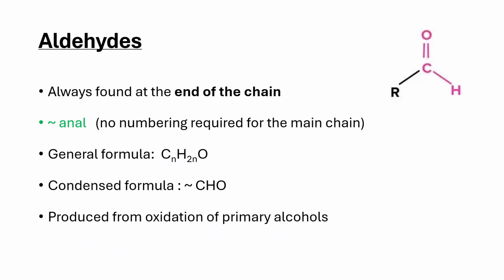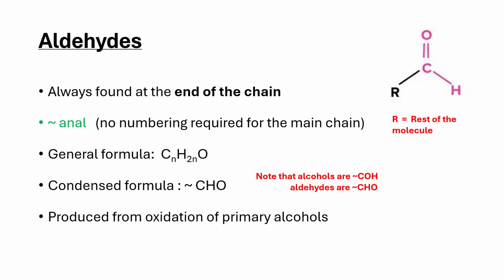Here is some general information about aldehydes. It is always found at the end of the chain, and the R group means the rest of the molecule. It can be hydrogen or a single carbon or much more complicated structures that are just attached to it. The suffix "anal" might come in quite handy because if you read it as "anal", the rear end, you know it's always going to be at the end of the chain.